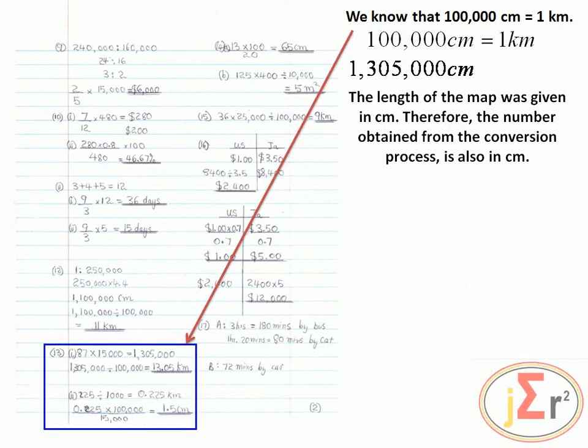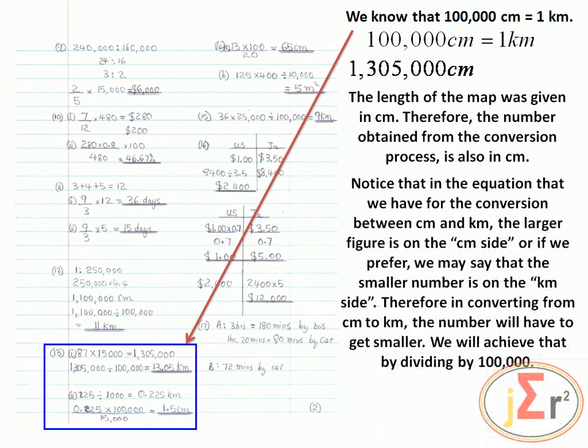There is no change in units when we are using the scale of the map. Therefore, if we are just using the scale of the map and nothing else, if we started with 87 centimeters, when we do our calculation, we will get our answer also in centimeters.